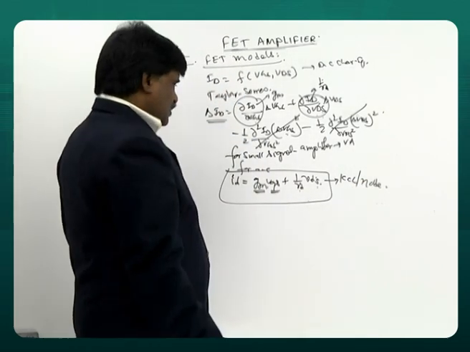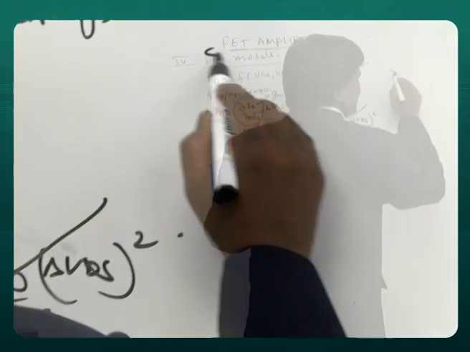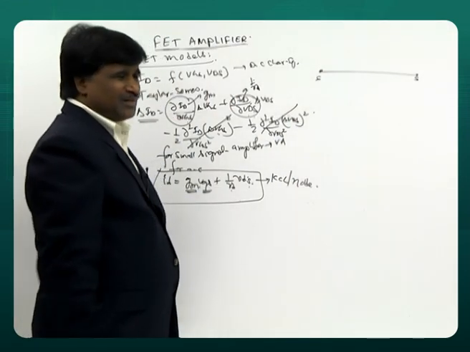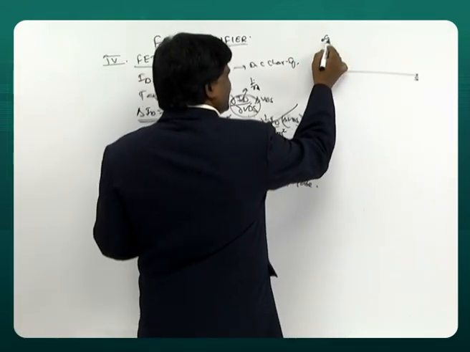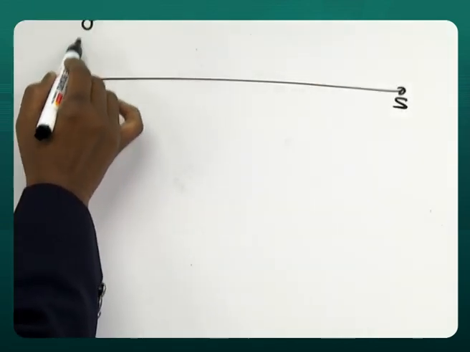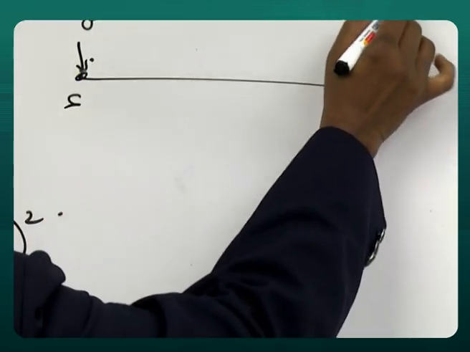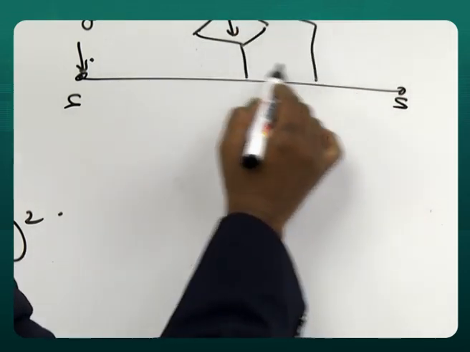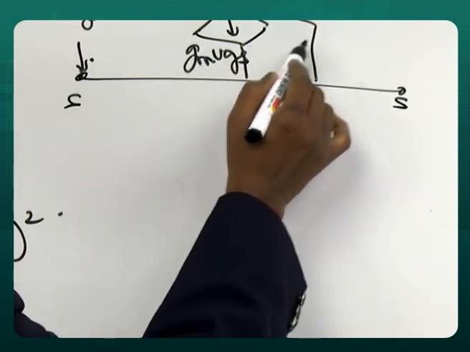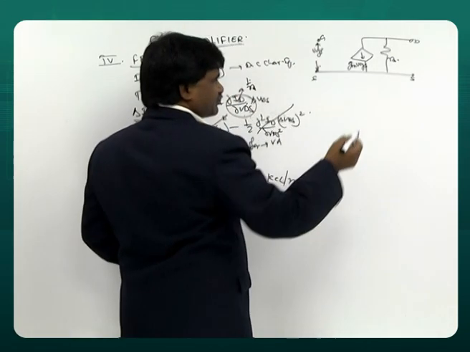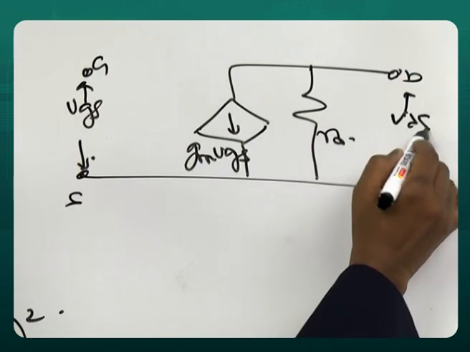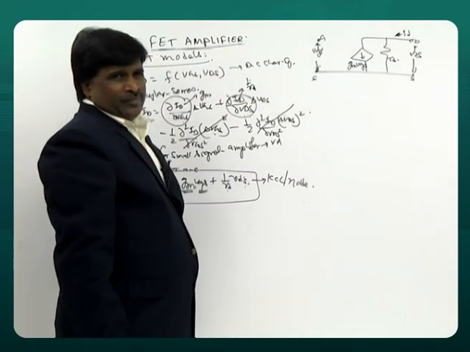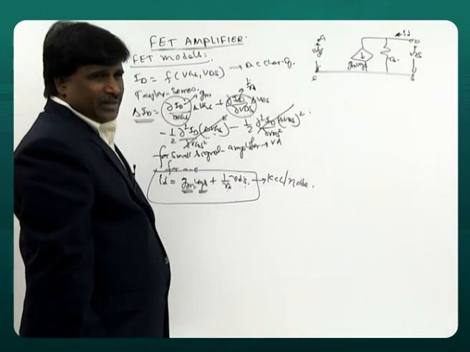Node means, so how do I draw this diagram here? For example, source here. At the gate there is nothing but the voltage. And then you have a drain here. That is GM, VGS and RD. VDS and ID.